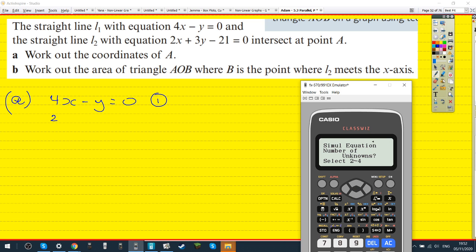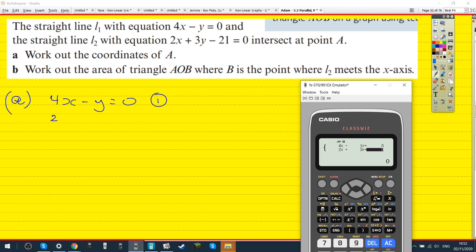Wait, I've got a question. You know when you put it into the calculator, for minus 21, do you put that where the 0 is, or do you keep it as 0? That should be where the 0 is. So what did you put in your second line in your calculator? I put 2x and then 3y and then minus 21.